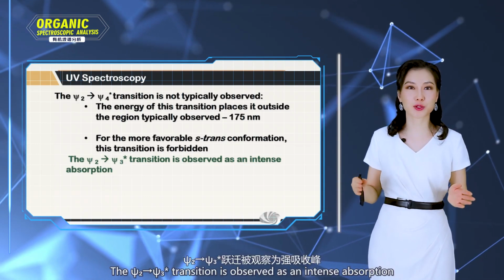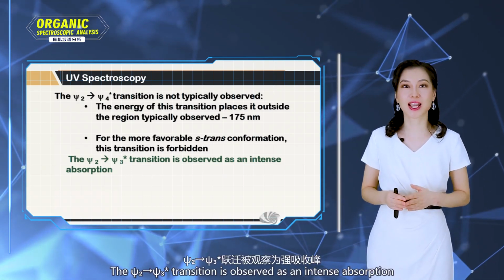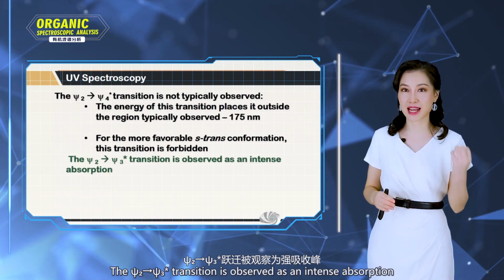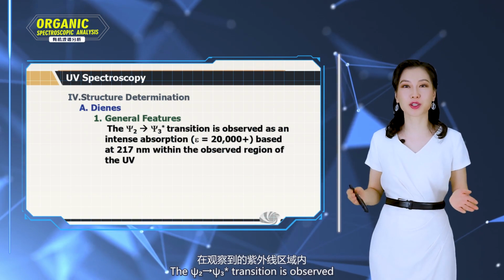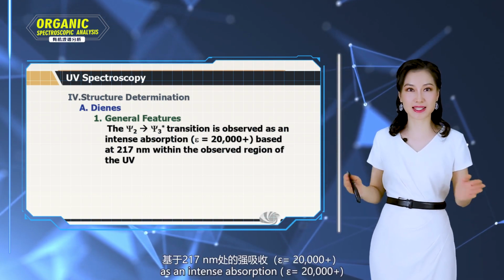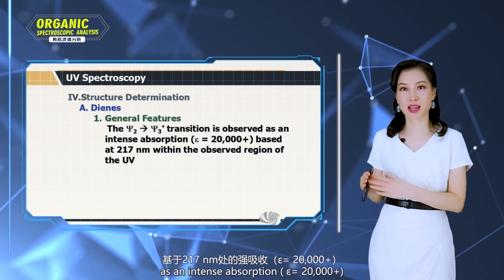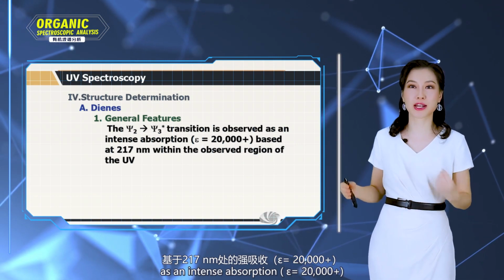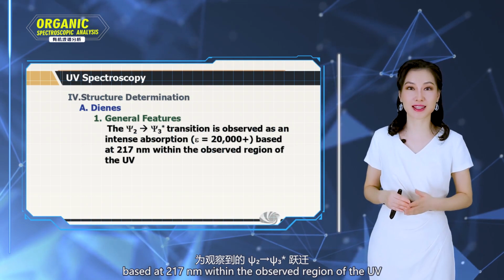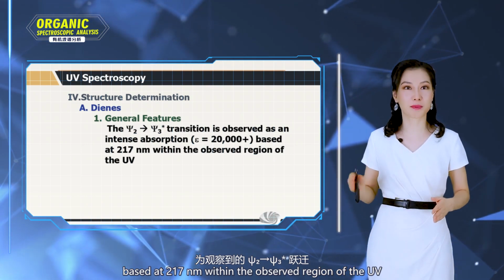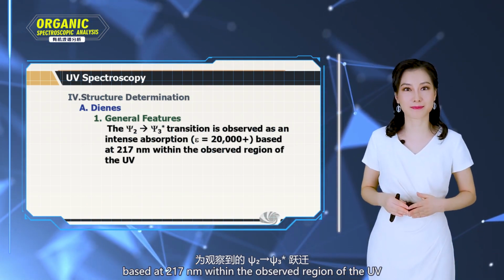The pi 2 to pi 3 star transition is observed as an intense absorption, epsilon equal to 20,000, based at 217 nanometers, within the observed region of the UV.